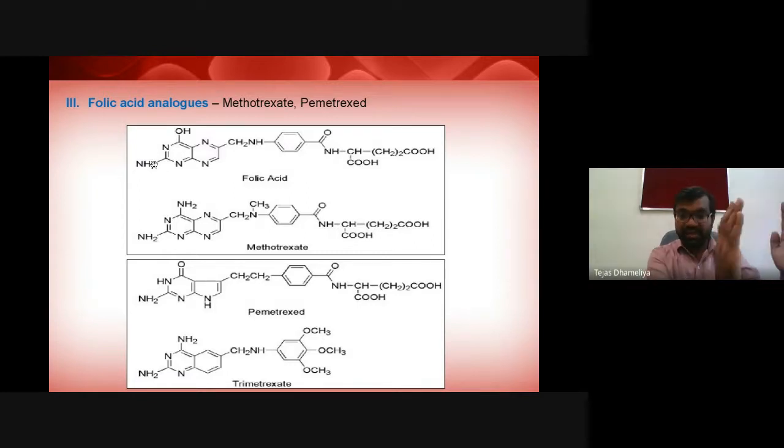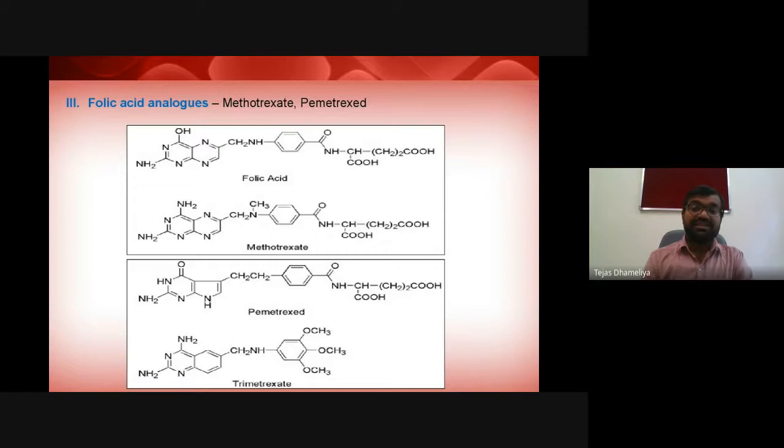Part number one, that is here, that is the pteridine ring. This is the ring present over here, a 6-membered bicyclic compound having 4 nitrogens. So that is termed the pteridine ring, and this pteridine ring is one of the important components. So the pteridine ring is present in folic acid.